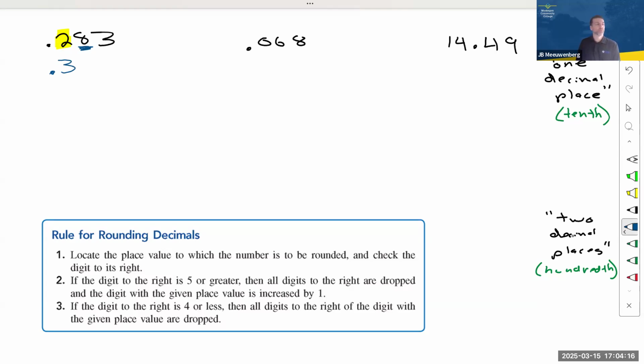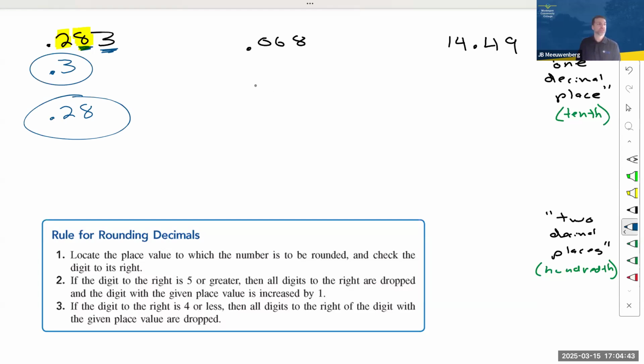Now, if I wanted to round it to 2 decimal places, I would have looked at the 8, and then I would have used the 3 next to it to determine that I would round down. I would leave the 2 and the 8, and then I would just eliminate the 3. So 283 thousandths either rounds to 3/10 or 28 hundredths, depending on where you're rounding.